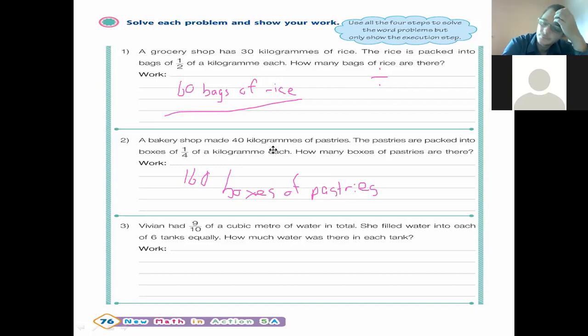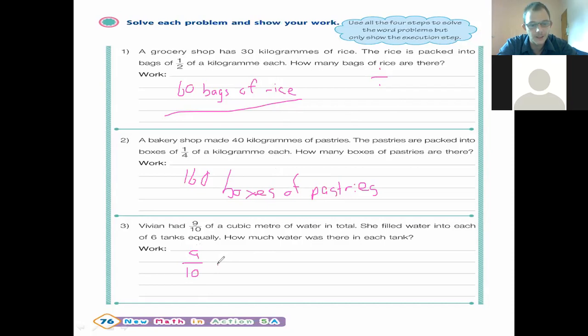Who knows? Let's do it together. I'll do the last one together. Not give the answer, just straightforward. So 9/10 of a cubic meter of water.